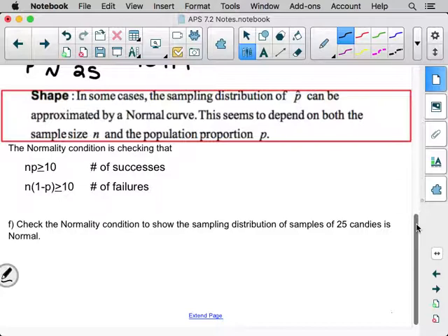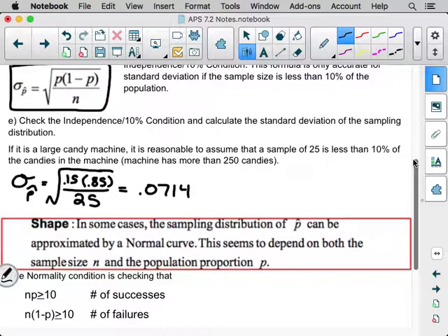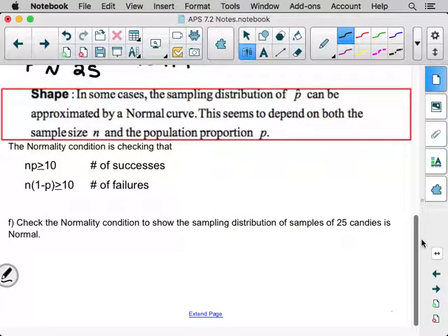Now, just like with standard deviation, we had a condition that we had to check in order to use this. There actually is a condition we have to check for saying something is normal, okay? We need to determine if n times p is at least 10, and if n times 1 minus p is at least 10.